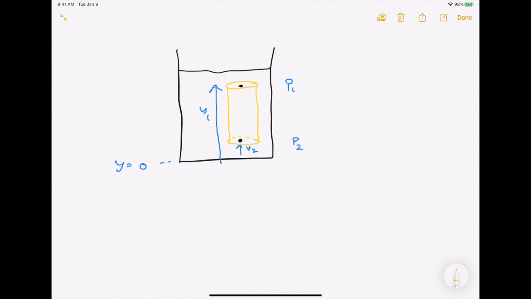And remember, this is a cylinder made of water, made of the fluid. We'll just take the fluid to have some density, rho. So it's not necessarily water. Rho is the density of the fluid.